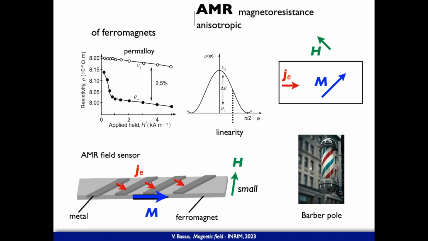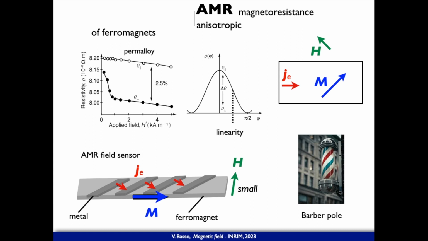this somewhat strange situation is realized by a method called the Barber pole. Researchers have realized a bar of ferromagnet, and then there is metal superposed at 45 degrees in strips like that.